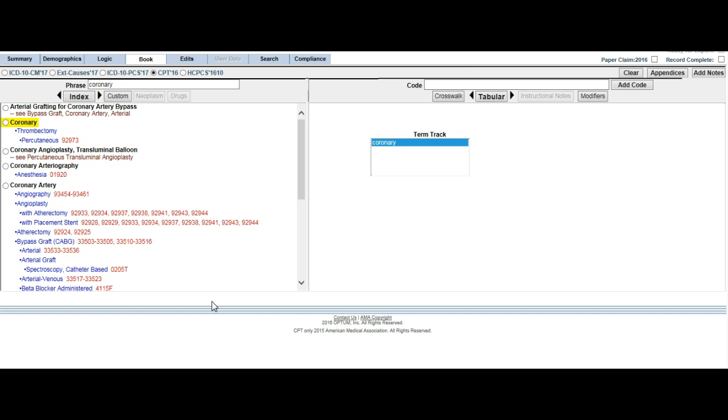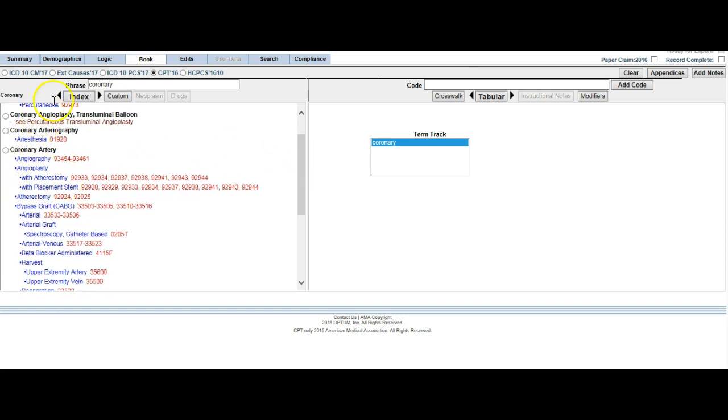Or, you can go to the word coronary, which is what I did. And then from coronary, I looked down to coronary artery. In my index, I see coronary artery, and I see a lot of different things like angiography, angioplasty, atherectomy. None of these happen, but here's the words bypass graft.